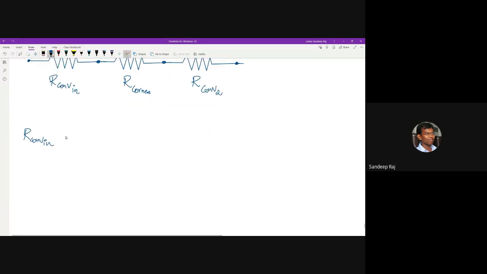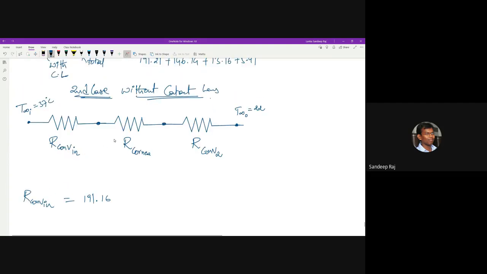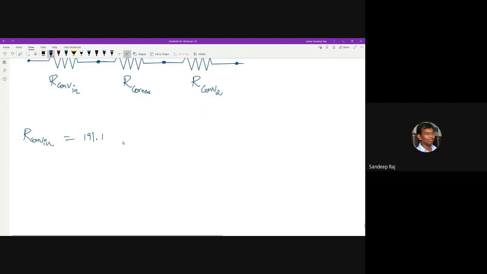The first value will be the same for both cases, so you need not do it again. It is 191.21 Kelvin per watt. Next one is R cornea.